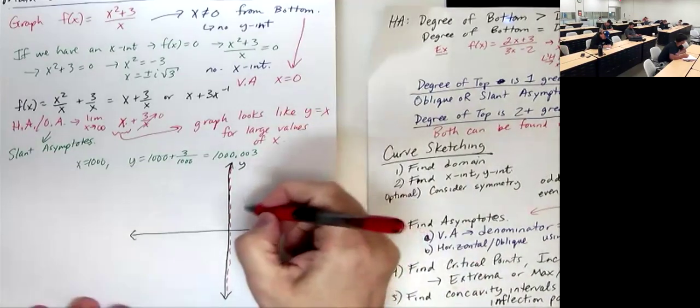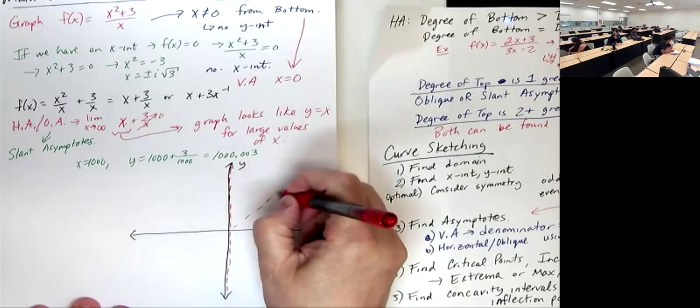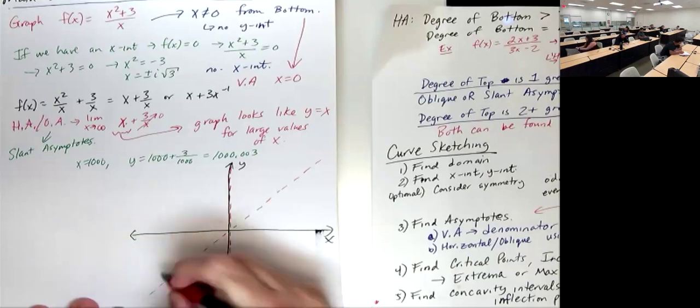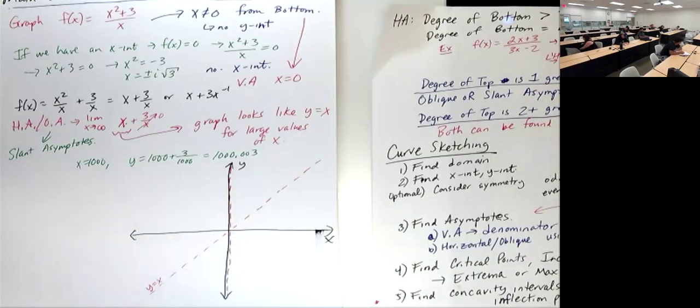And then y equals x, which is the perfect diagonal. This is my oblique asymptote.